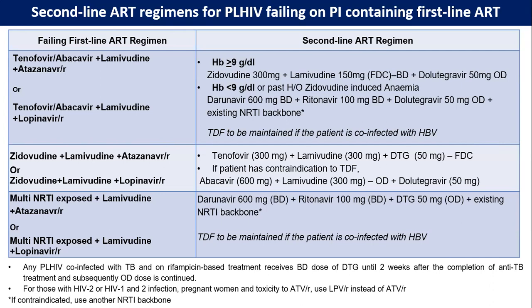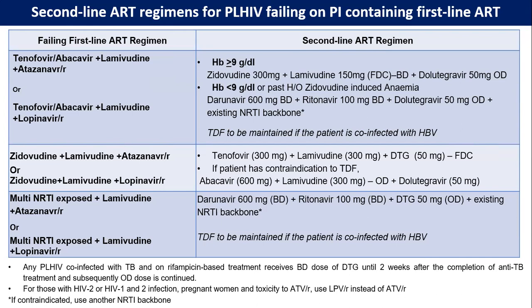If the hemoglobin is less than 9 gram per dL, or there is a past history of zidovudine-induced severe anemia, then we go for darunavir 600 milligram BD plus ritonavir 100 milligram BD with dolutegravir 50 milligram OD. The NRTI backbone has to be continued. If the patient is co-infected with hepatitis B, then we need to continue tenofovir.